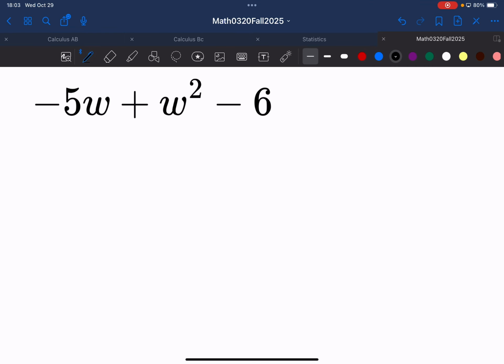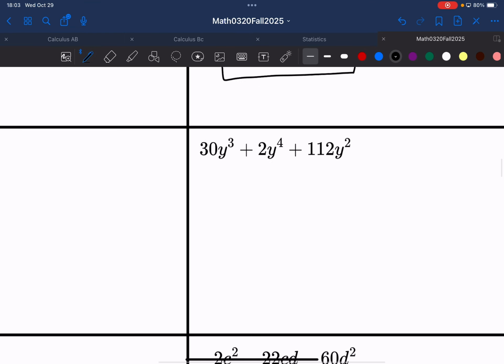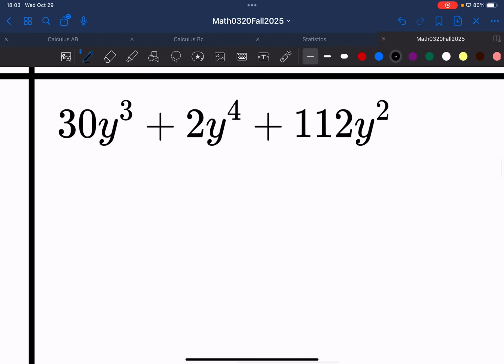If you're finished with this one, go ahead and try the next one as well. That way you're practicing one of each before we go over them.